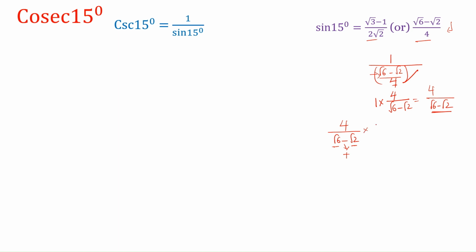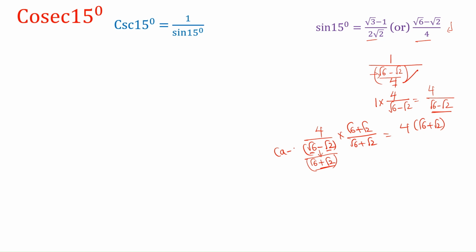So both numerator and denominator have to be multiplied with root 6 plus root 2. Now this can be written as 4 into, we'll retain this as it is. In denominator, if we see, root 6 is like a, minus, root 2 is b. Again this is like a plus b.